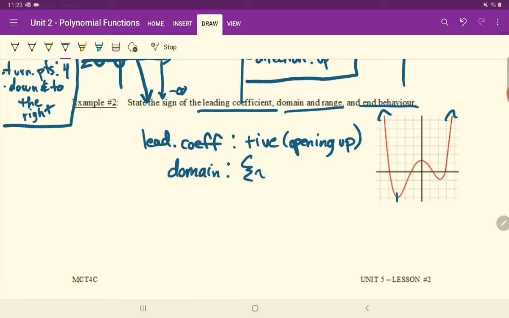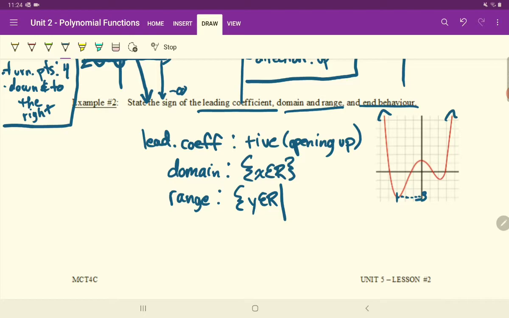Well, I know that all x values are possible for this function. Okay, for the range, not all y values are possible. So let's say that y is an element of real numbers such that, let's just assume the scale is going by 1s here and that y value is -3.